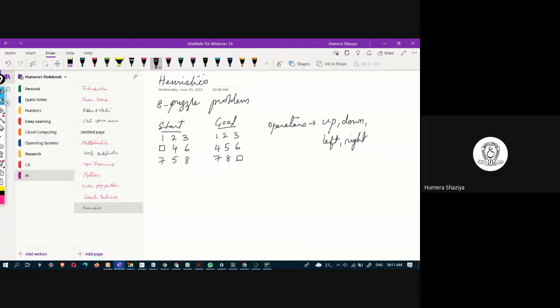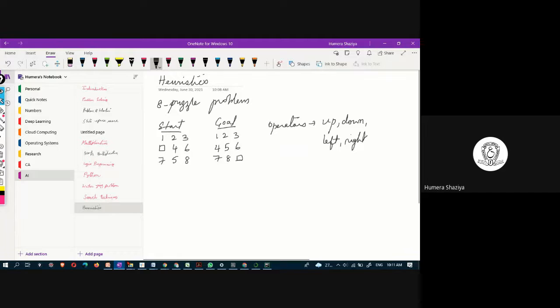That is state space, the collection of all the states. This is one state, this is another state, this is the start state, and this one is the goal state. In between start and goal you have several other states. All together are called the state space.